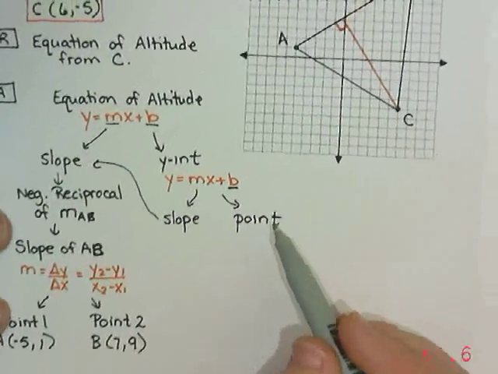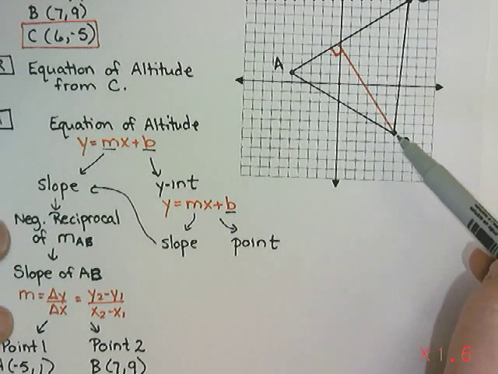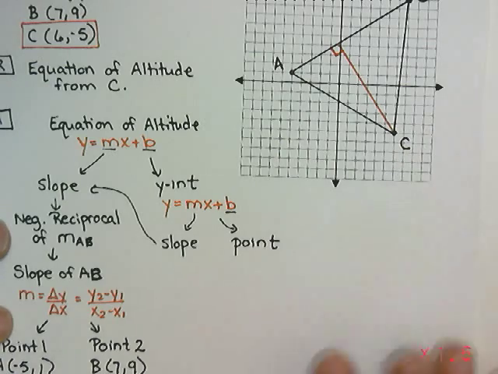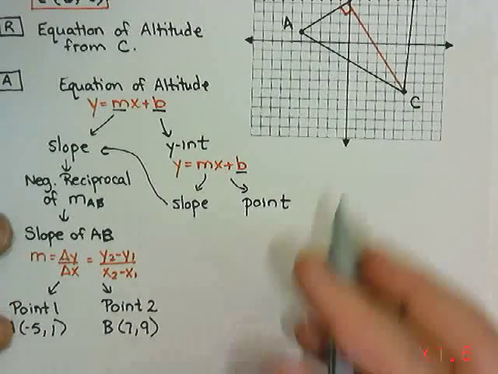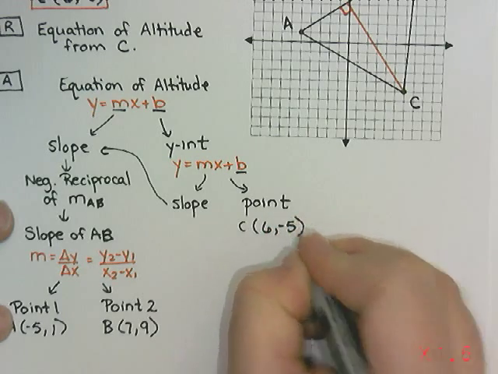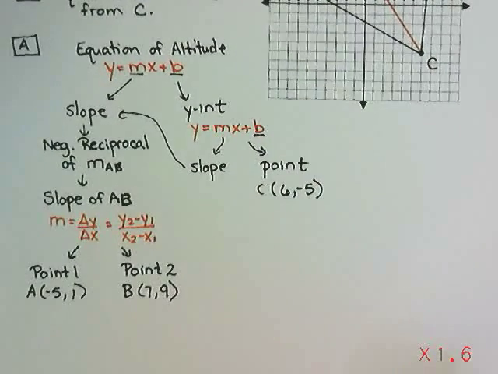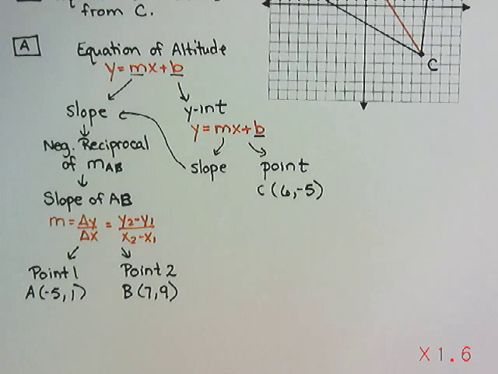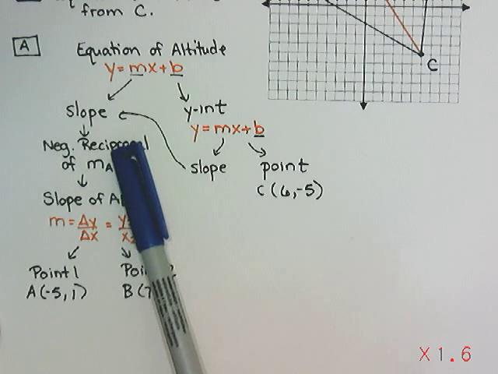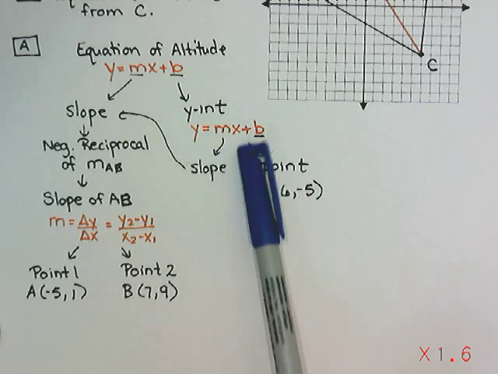The point has to be a point on my altitude. The only point that I have that's on that altitude is point C, so we are going to use point C, which is the point 6 and negative 5. So there's my plan. That's my approach. That's what we're going to try to do to find the equation. So now all I have to do is find my slope, do the negative reciprocal, find the y-intercept, and write my equation.